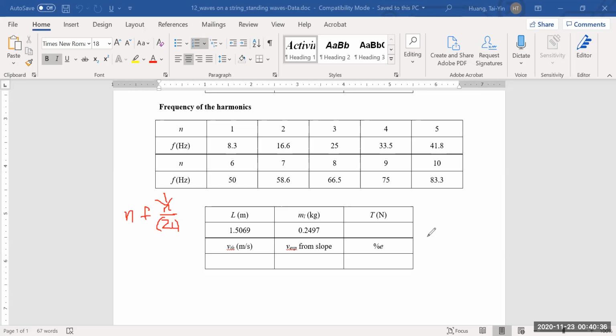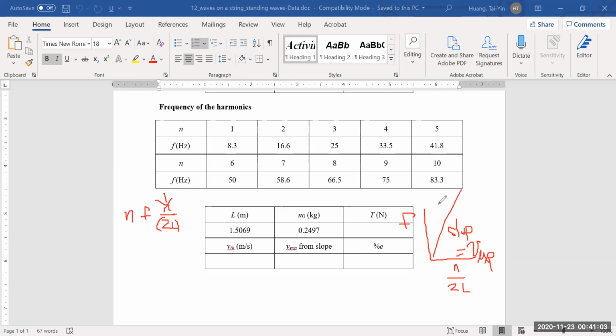Then you plot F versus N over 2L. From the previous equation, we know that the slope is going to give you the experimental value of velocity. Then you compare it to the theoretical value, which you obtain from equation 1, and then you do the percent error.